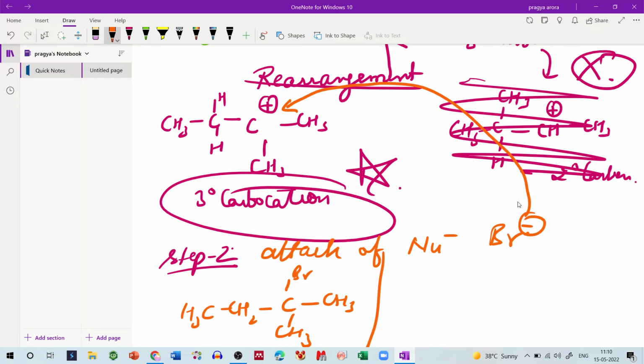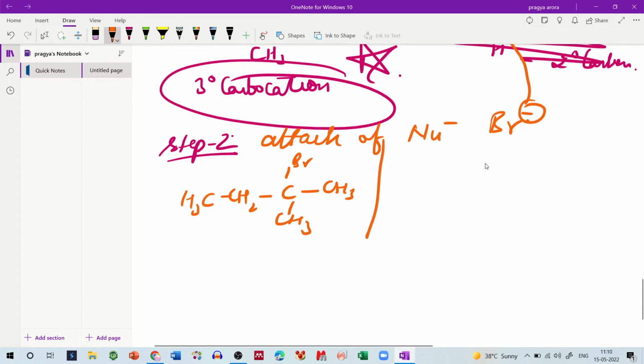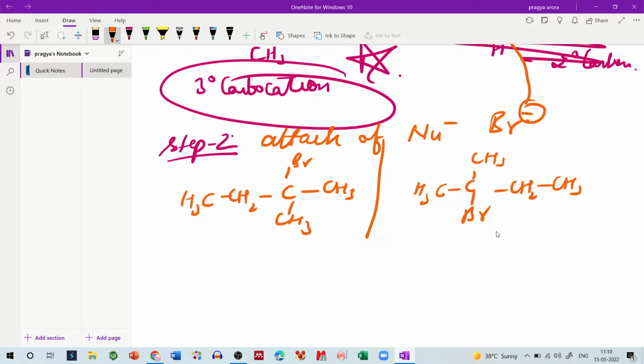And here, since there is no possible rearrangement, the bromide will come on this side only, and you will be getting the similar product, CH3C(CH3)Br CH2CH3.